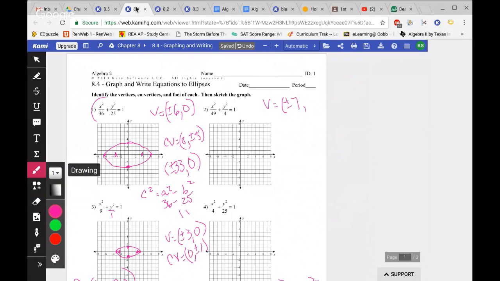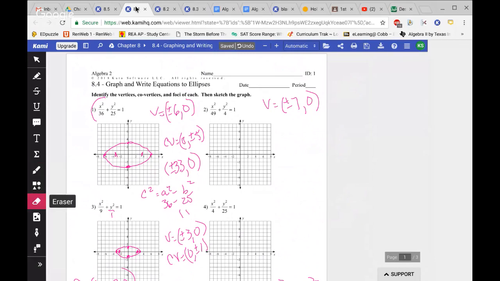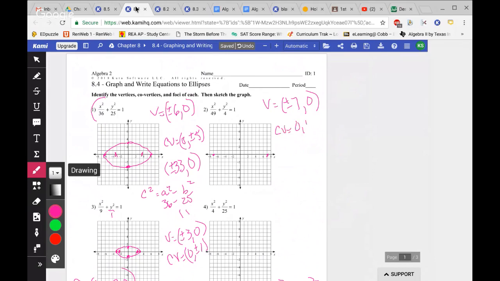Perfect. Plus minus 7, because I'm going to go up 7 and down 7. Oh, and that's not even on my X. I mean, that's Y. I'm going to go over 7 left and right. And then my co-vertices are going to be 0 plus minus 2.